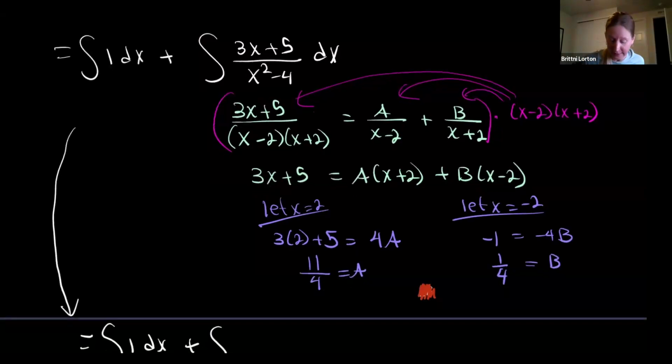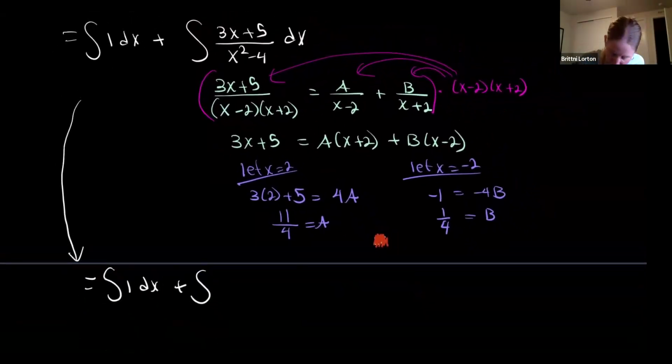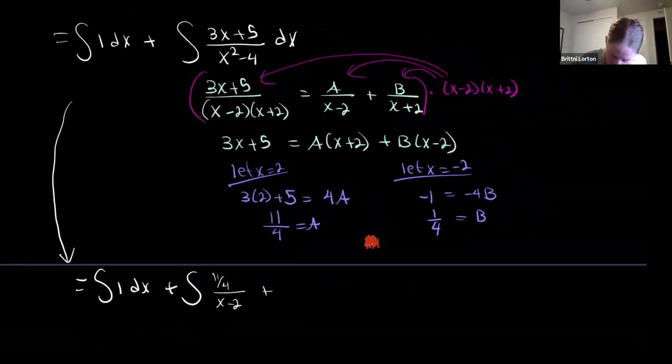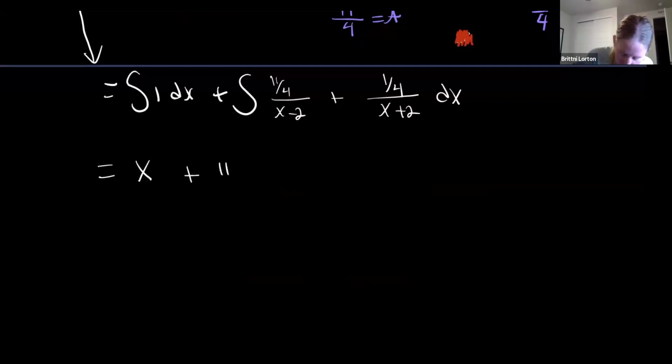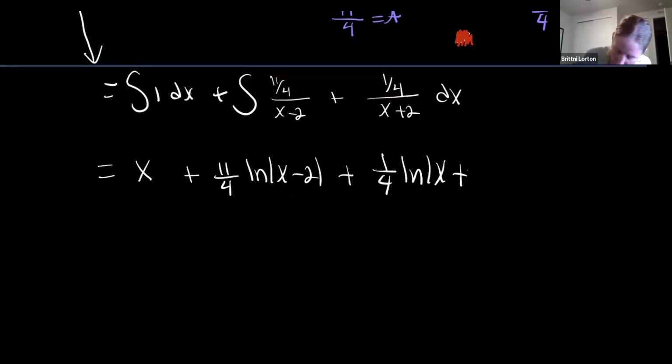And then I have the integral of A over x minus 2 plus B over x plus 2 dx. Now I can do that calculus. The antiderivative of 1 is x. And then when it's linear on the bottom, things are nice and smooth. Don't forget your plus C.